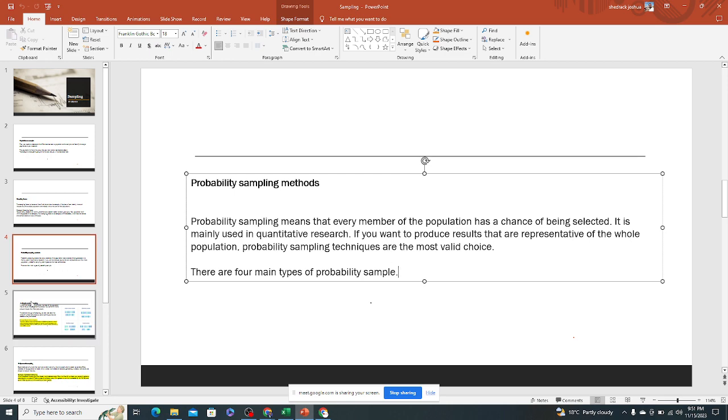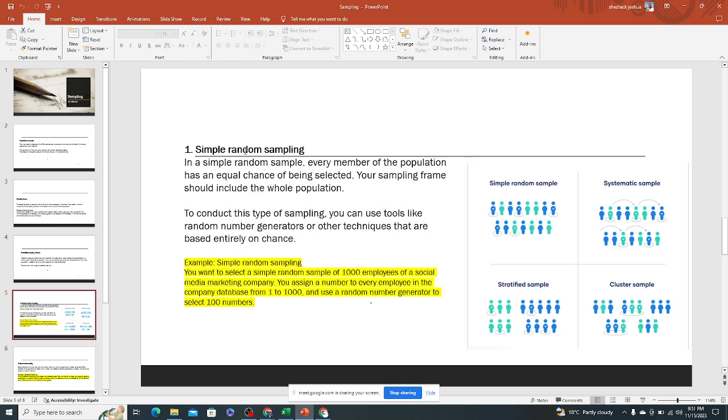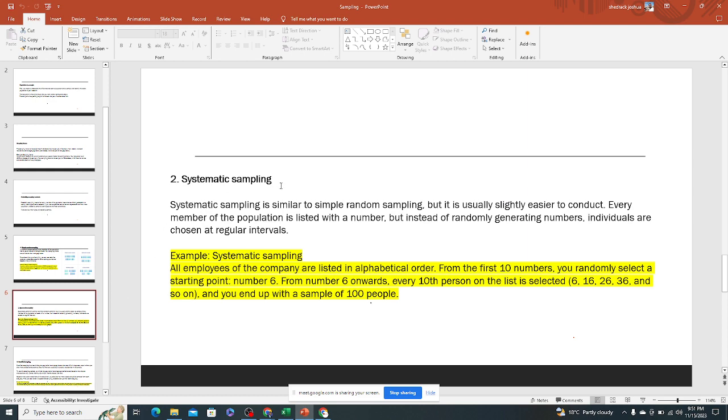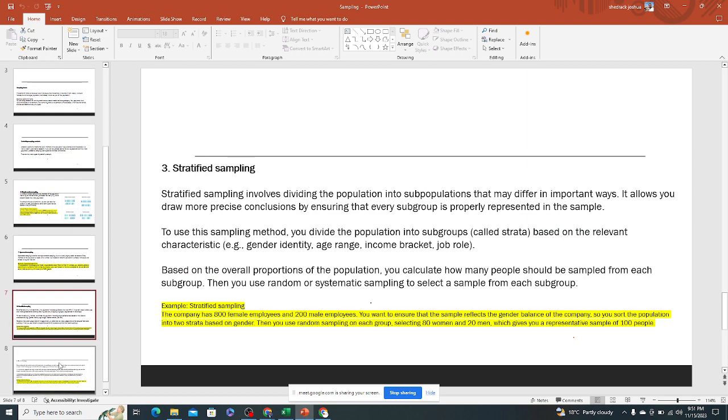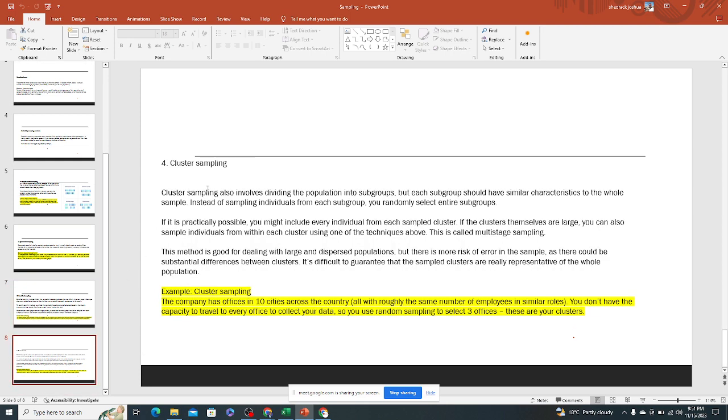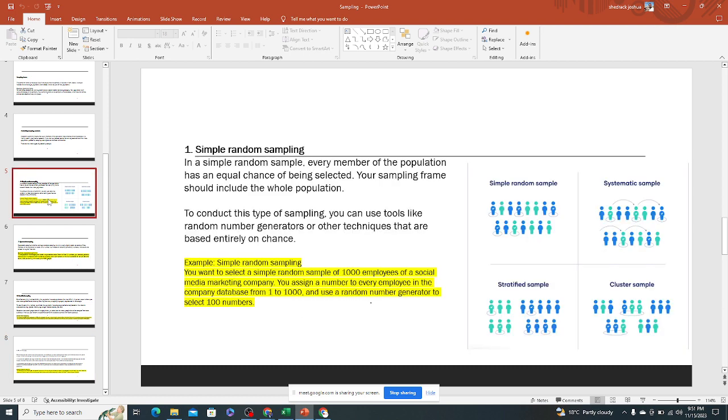We usually have four major types of probability sampling methods: simple random sampling, systematic sampling, stratified sampling, and cluster sampling. Let's start with the first, simple random sampling.